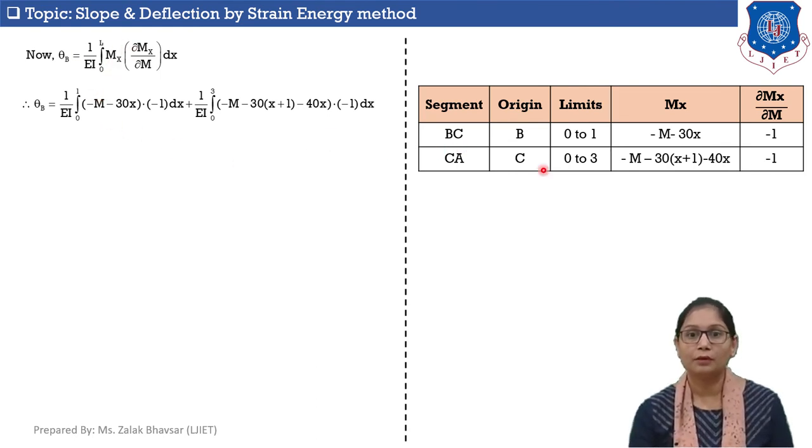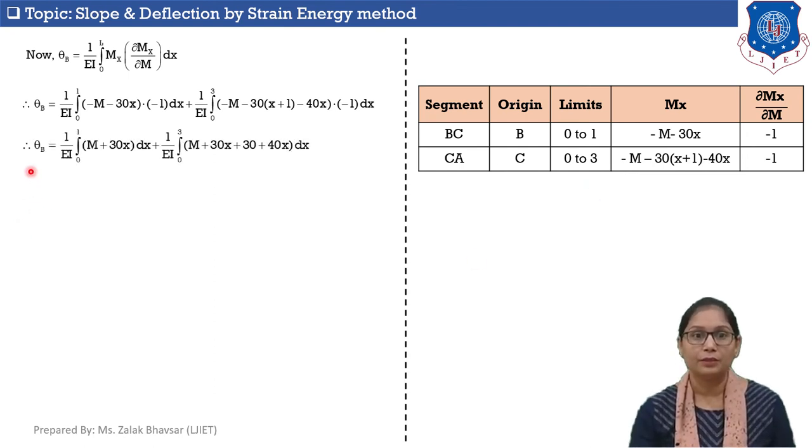Now, for segment CA, the equation will be plus 1 upon EI integration of, here Mx is minus M minus 30 into bracket (x plus 1) minus 40 into x. So I mention over here, for segment CA, del Mx by del m is equal to minus 1 into dx, and the limit for segment CA is 0 to 3.